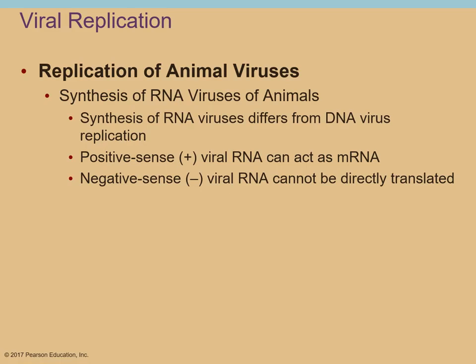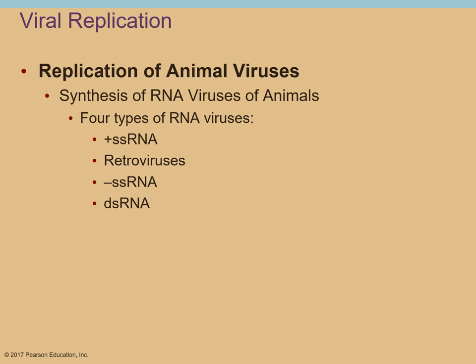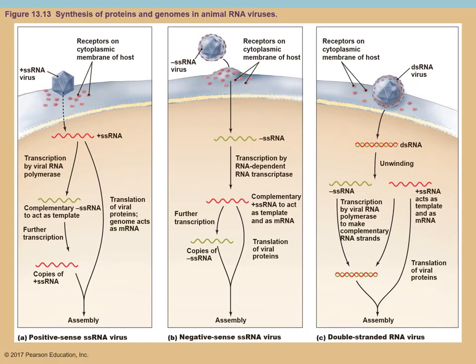The negative sense cannot be translated directly. And so there's going to have to be an extra step in there. So there's 4 types of RNA viruses. There's the single-strand positive sense. There's retroviruses, negative single-stranded, and then there's actually double-stranded RNA.